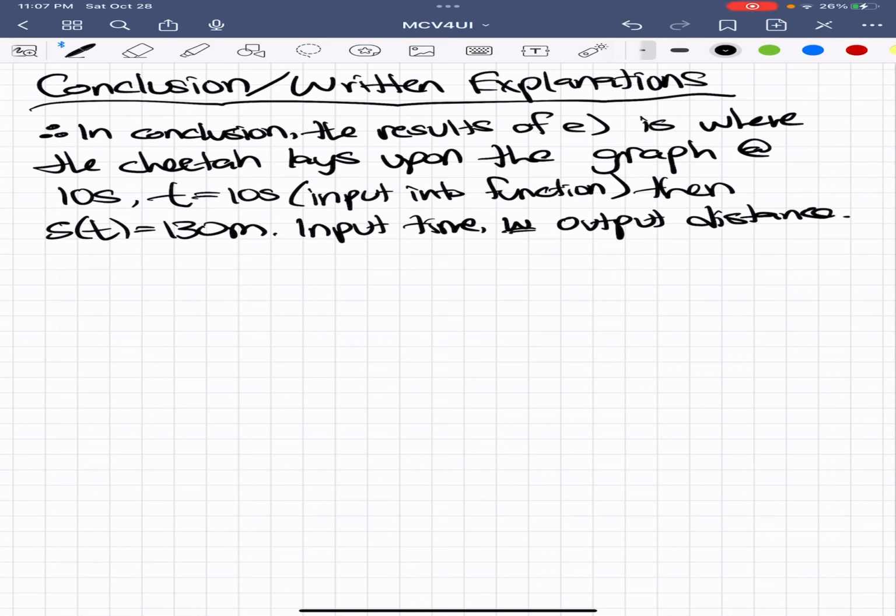The results of F is the total distance traveled by the cheetah.